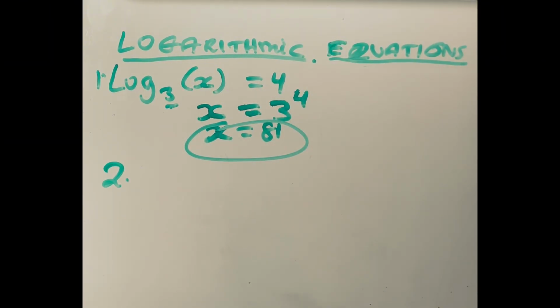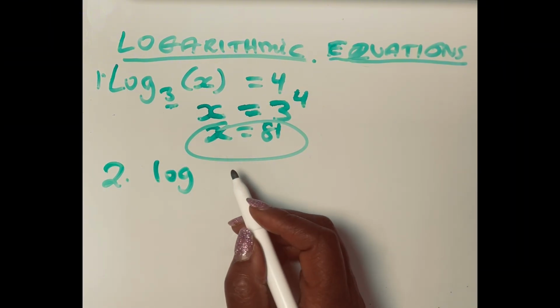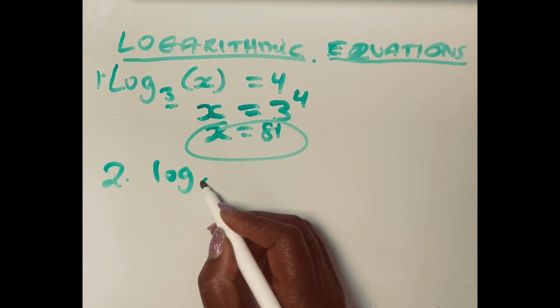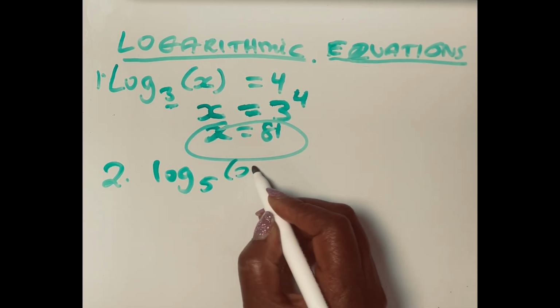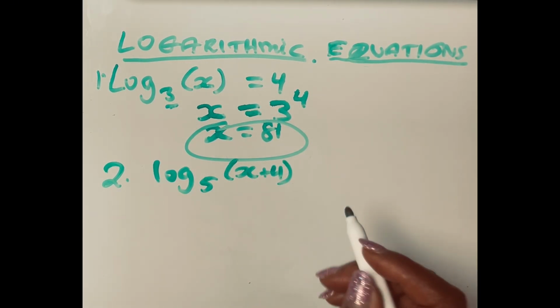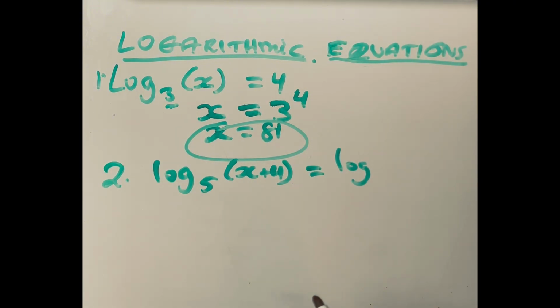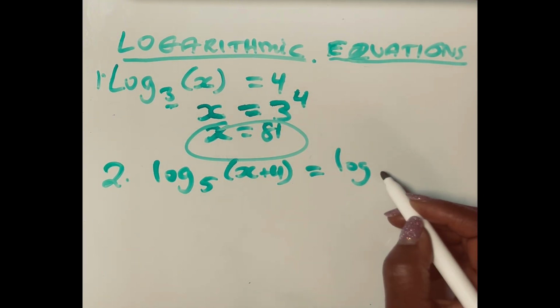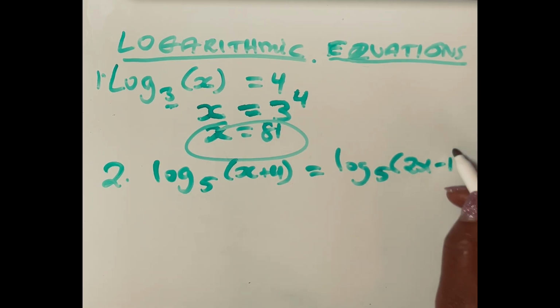For this example, you have a logarithm on both sides of the equation. So you have log base 5 of x plus 4, which is equal to log base 5 of 2x minus 1.